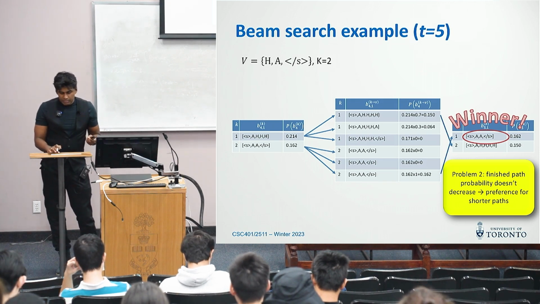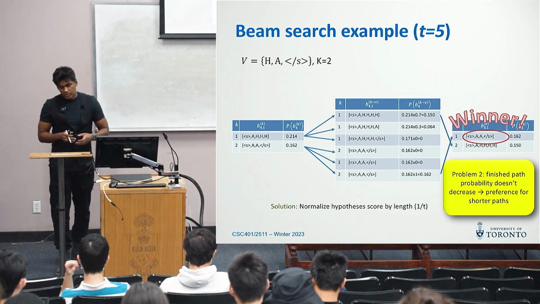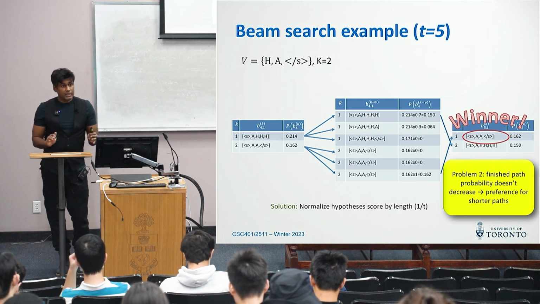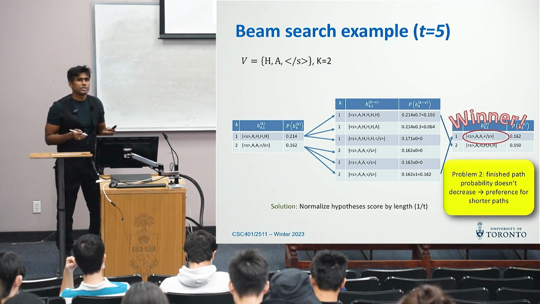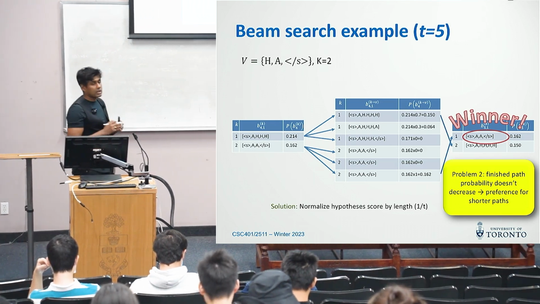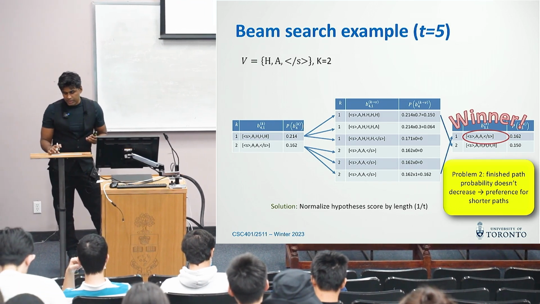Now this is a problem, and you can address it by normalizing the hypothesis by dividing it by the length of t. But we're not going to worry about that in this running example. We're saying that our stopping criteria has been reached. We have an end of sequence token in our most probable path, so we call it done. We'll just return this value. This is our translation.